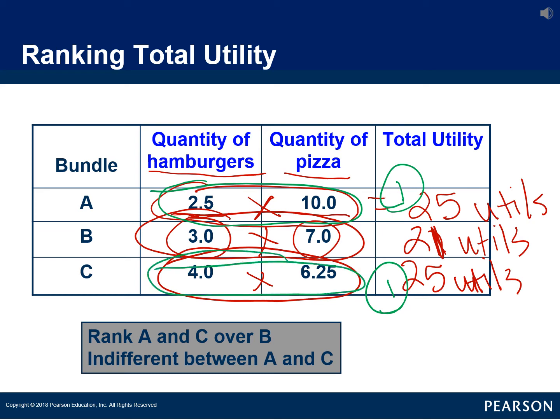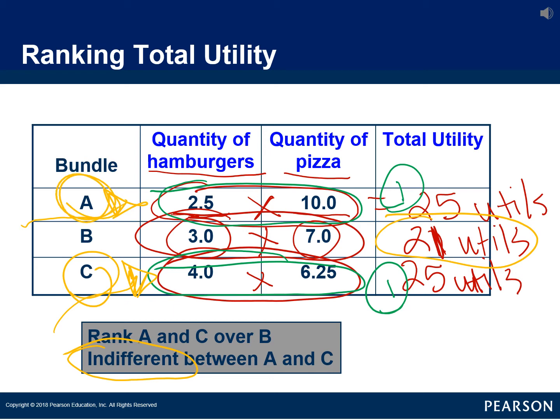They will derive the same satisfaction out of both of those, ranked at that 25 utils, and then their last choice would be the 3 and 7 combination with 21. So this brings up this idea of indifference. The consumer did not have a preference between bundle C and bundle A.